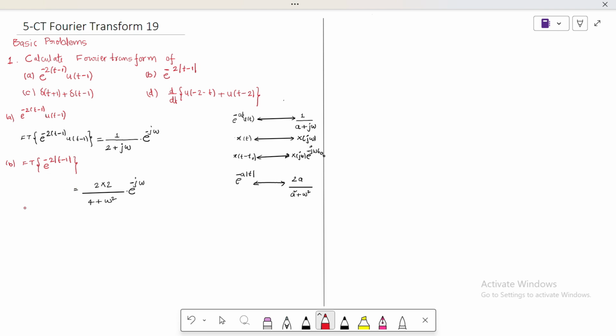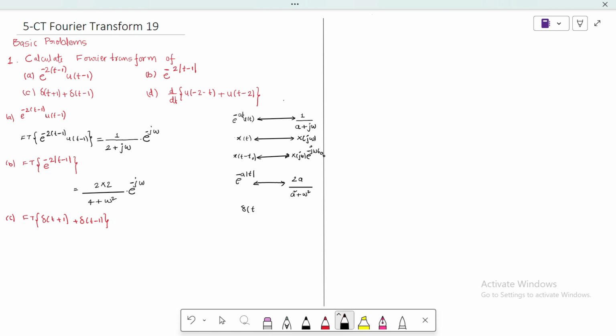Next problem, c. Fourier transform of del of t plus 1 plus del of t minus 1. We know that the Fourier transform of the impulse is nothing but 1.